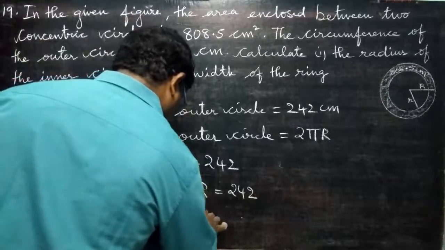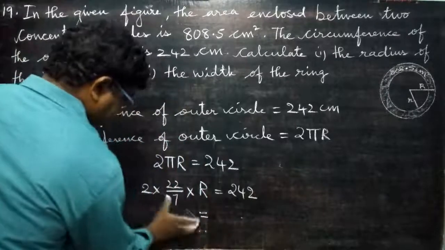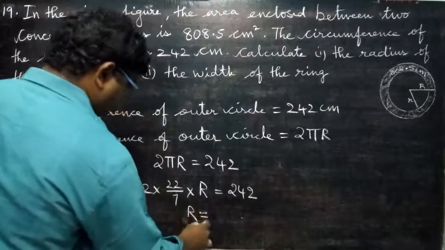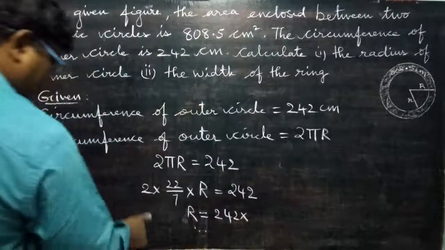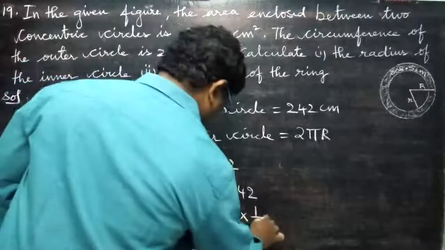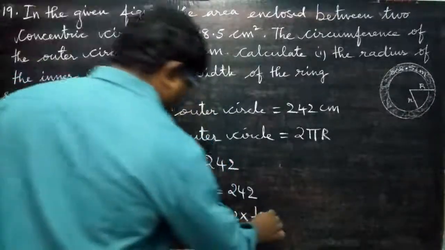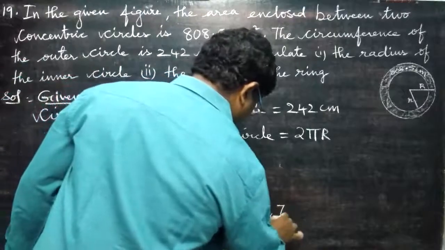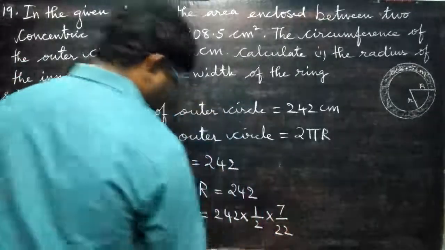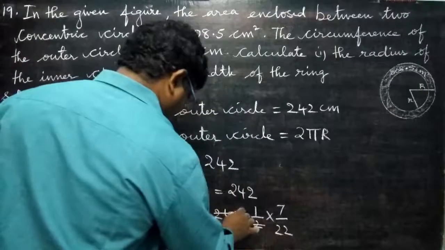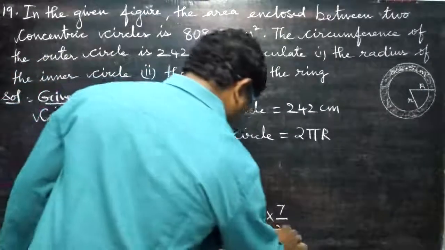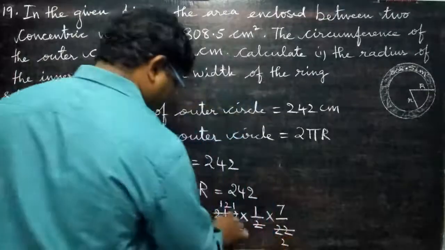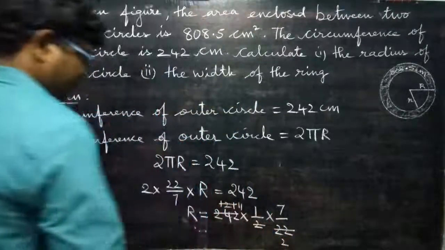Now we want only capital R. Capital R is equal to 242 into reciprocal of 2 is 1 by 2. Reciprocal of 22 by 7 is 7 by 22. Now 2 table. 2 1s are 2, 2 2s are 4, again 2 1s are 2. 11 table. 11 2s are 22, 11 11s are 121.